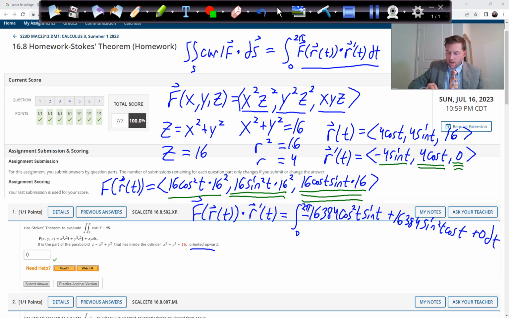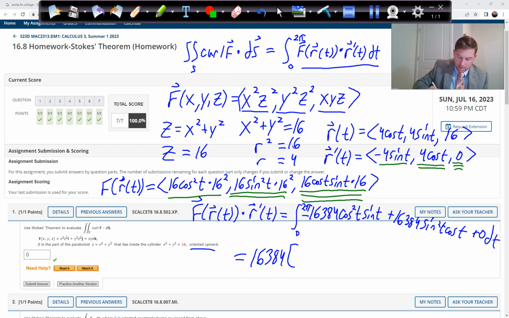You can't factor anything out other than the 16,384 and a common sine t cosine t in both terms. So you have to do those integrals. I'm not going to go through the whole thing, I'm just going to show part of it.